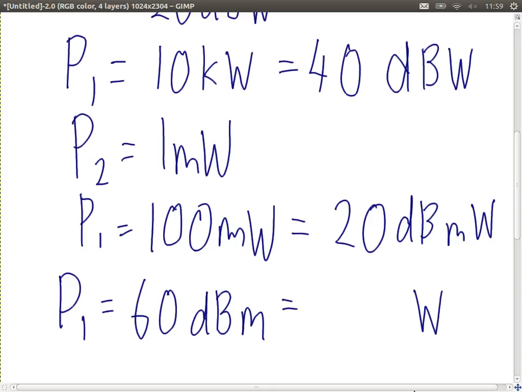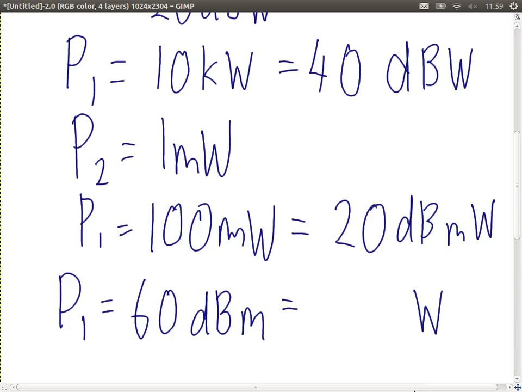Remember, dBm is a power level relative to 1 milliwatt. So 60 dBm, and I'll not try and do the calculations here, but 60 dB equals 10 log something. What is that something? 60 dB? Anyone? 10 log of 1 million is 6, times 10 is 60. So 60 dB is equal to a factor of 1 million. Which means that 60 dBm is a power level which is 1 million times larger than 1 milliwatt.